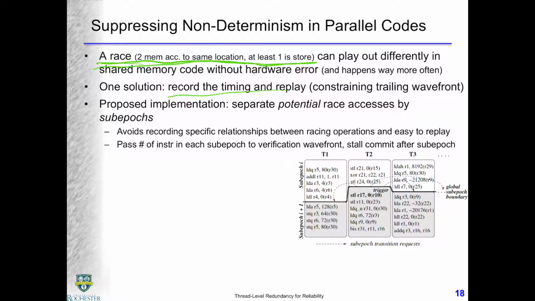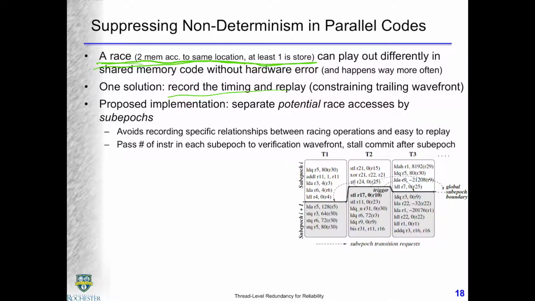What we propose to do is the following. We have the notion of a sub-epoch. Okay? So the epoch is a long time. Within an epoch, we want to coarsely organize the number of instructions.